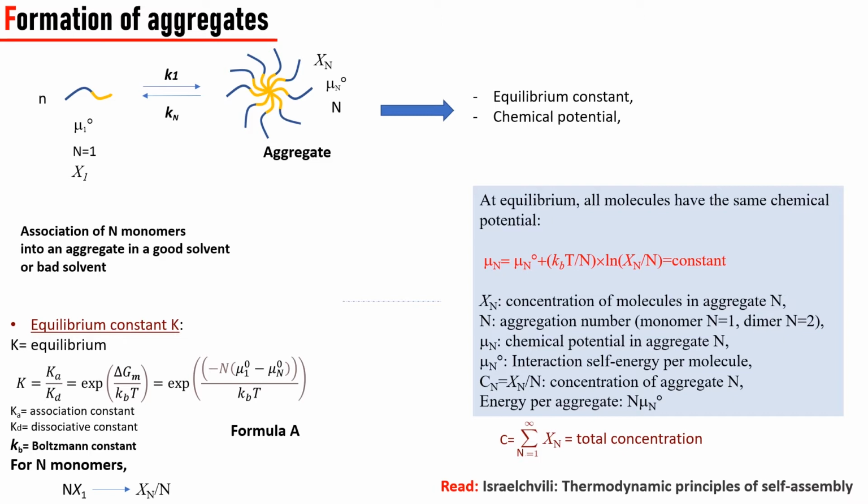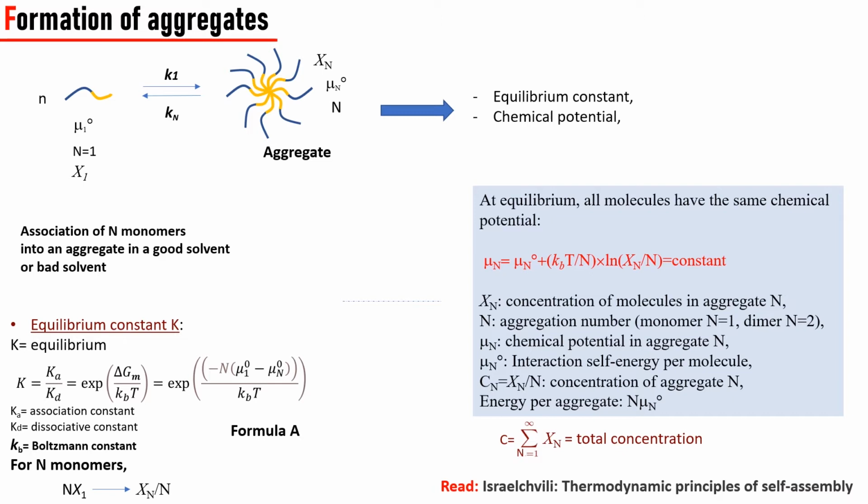Each aggregate is characterized by the concentration of molecules in aggregate N, by N the aggregation number, and the chemical potential in aggregate N. The ratio of the concentration of molecules in aggregate N by the aggregation number gives you the concentration of aggregate N, and the energy per aggregate equals the aggregation number multiplied by the interaction self-energy per molecule.